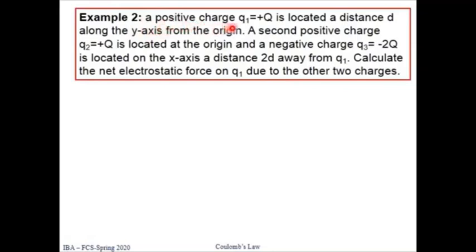A positive charge Q1, with a magnitude of plus Q, is located a distance d along the y-axis from the origin. A second positive charge, again with a magnitude of plus Q, is located at the origin, and a negative charge Q3, with a magnitude of minus 2Q, is located on the x-axis a distance 2d away from Q1.